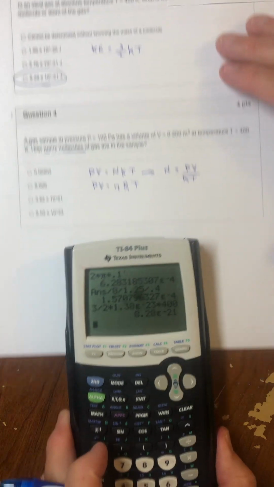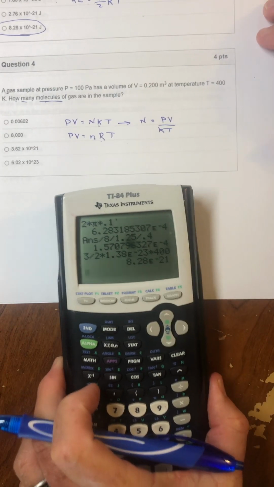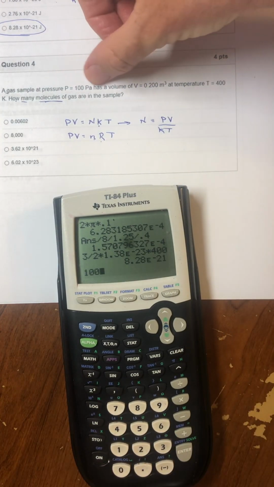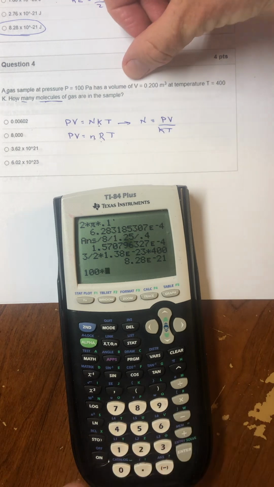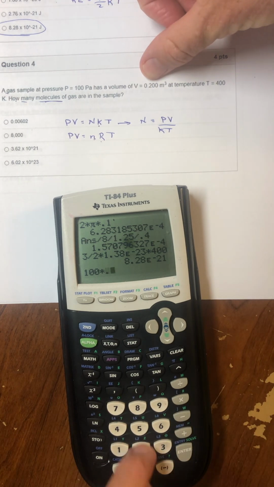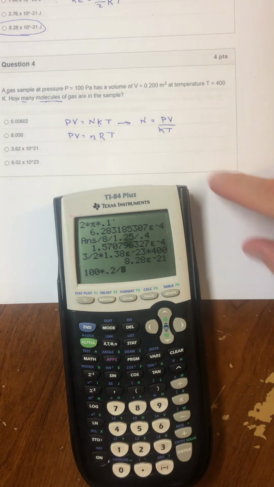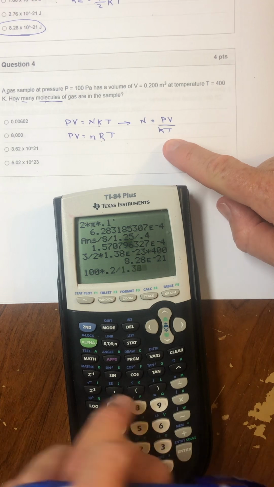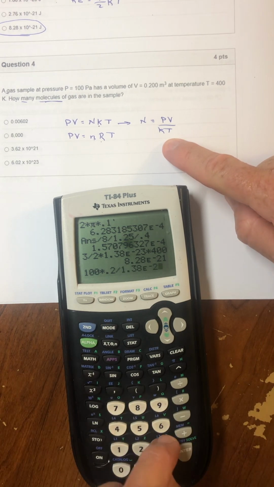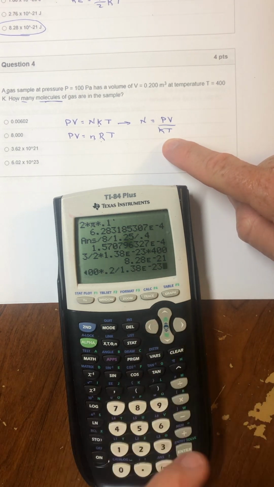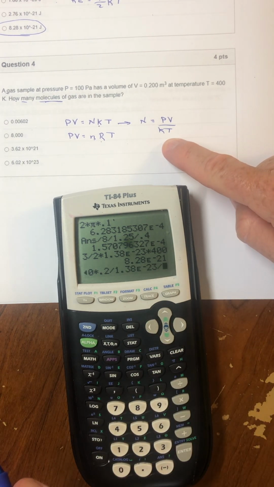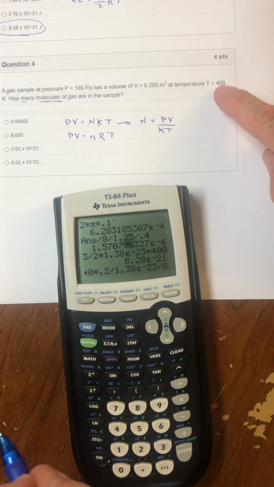And so the pressure is 100 pascals. The volume is 0.2. Then divide it by the Boltzmann's constant again. And then the temperature of 400.